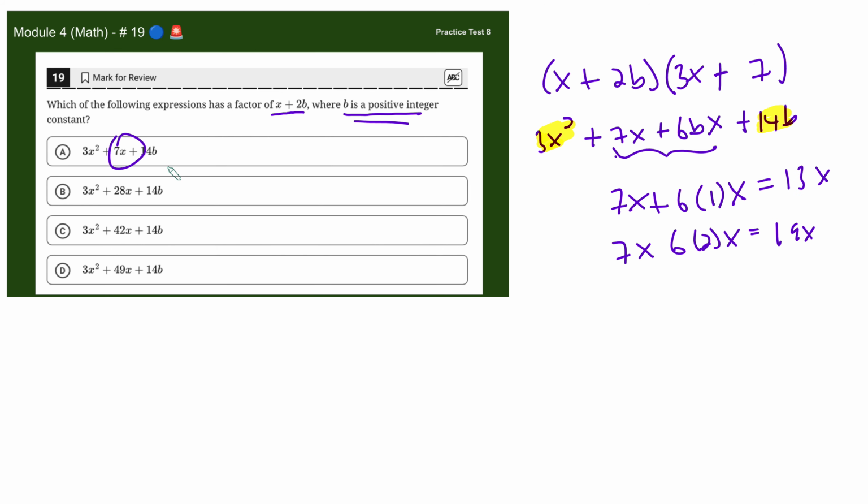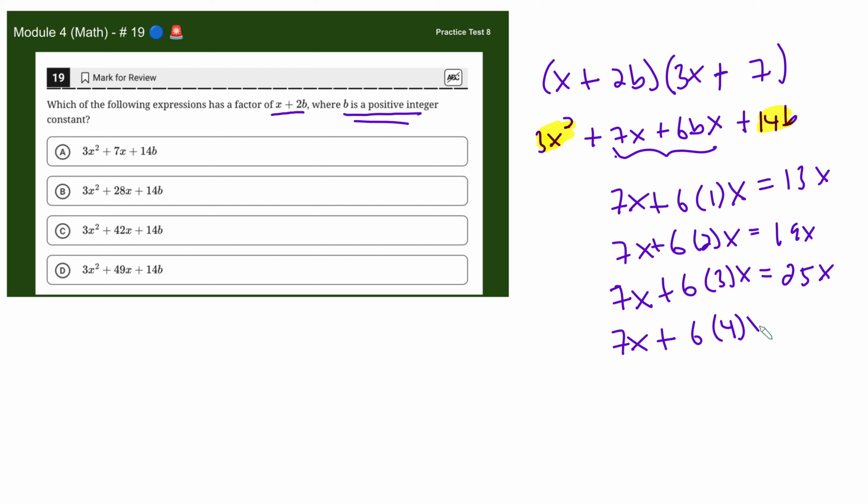All right, how about this? 7x plus 6 times 3x. Okay, so now we have 18 plus 7, which is 25x. We have 28, but no 25. All right, what about 7x plus 6 times 4x?